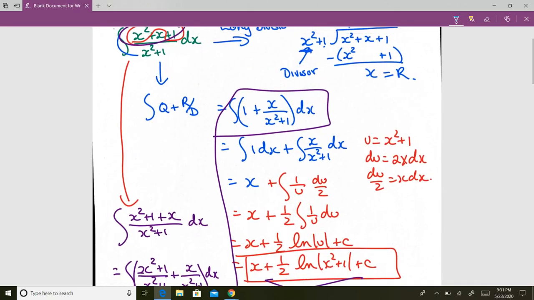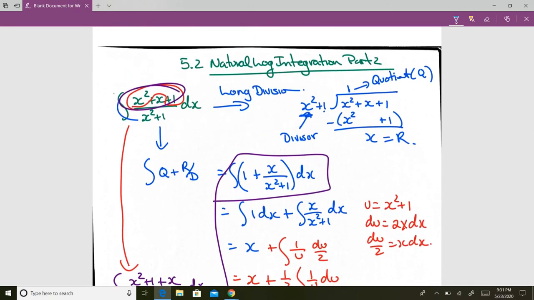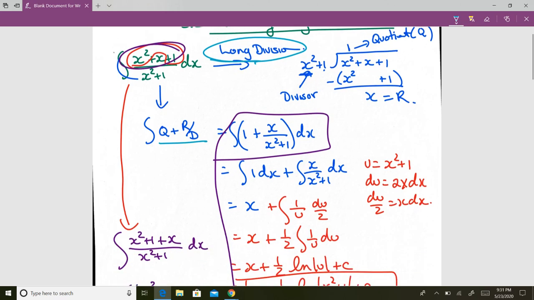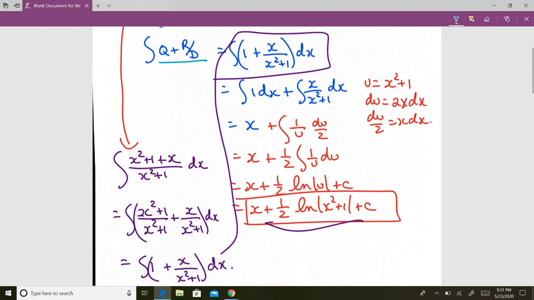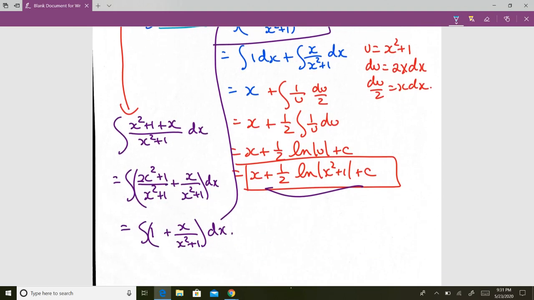And if it is a complex polynomial where it doesn't look like u substitution is going to work, try long division. Always write your answer as q plus r over d. Or if you can rearrange the numerator or the denominator so that it will break into two fractions and simplify quite nicely into a constant term and a log term, do that.